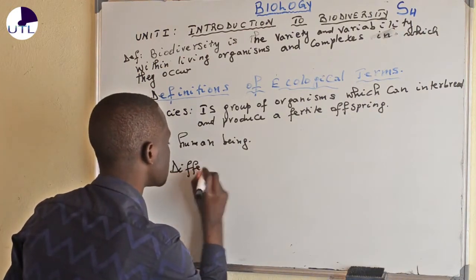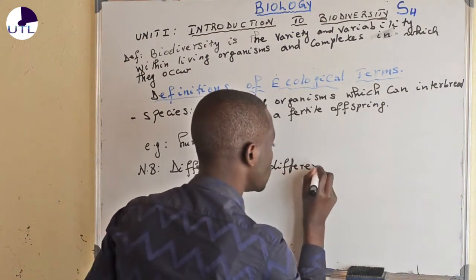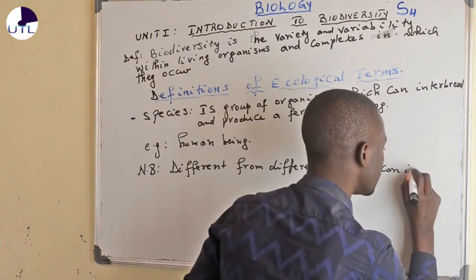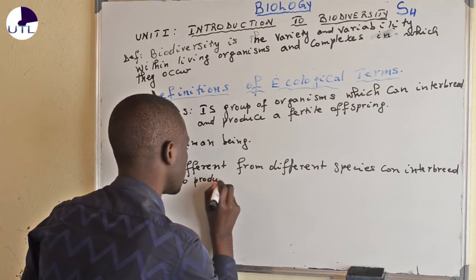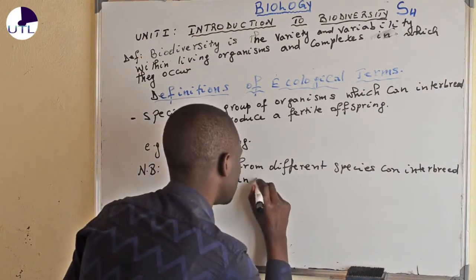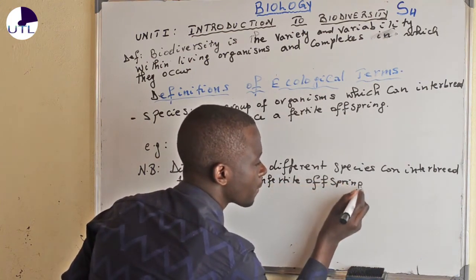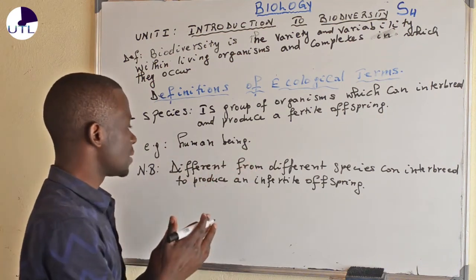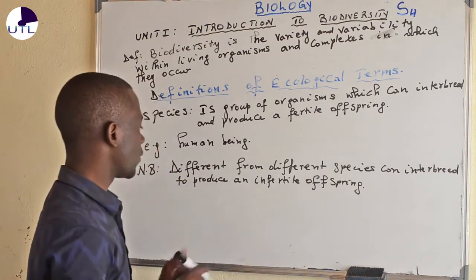Different organisms from different species can interbreed to produce an infertile offspring, okay?